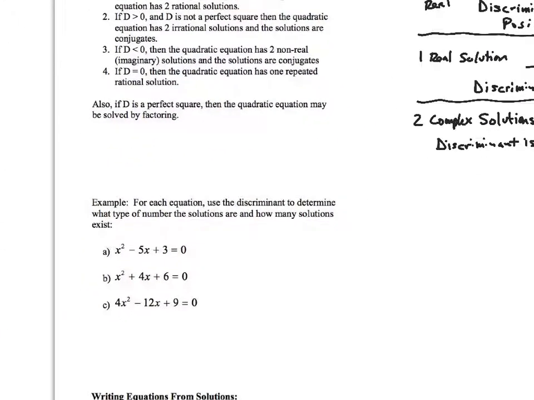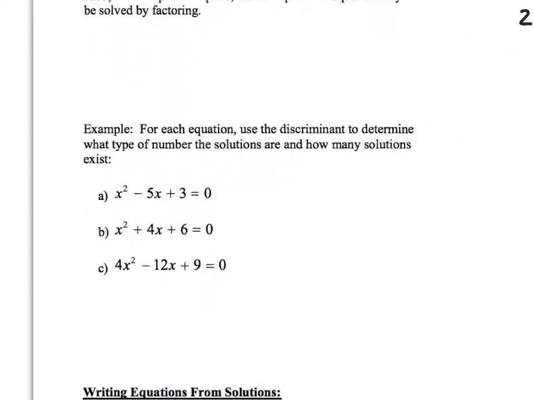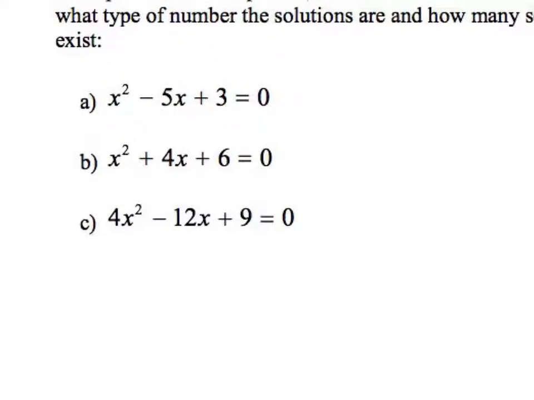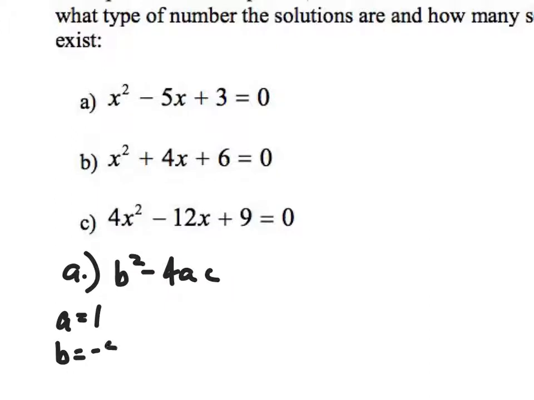For each equation, use the discriminant to determine what type of solutions they are and how many solutions exist. Let's do part A. We're just going to look up b squared minus 4ac. My a value is 1, b is negative 5, and c is positive 3.